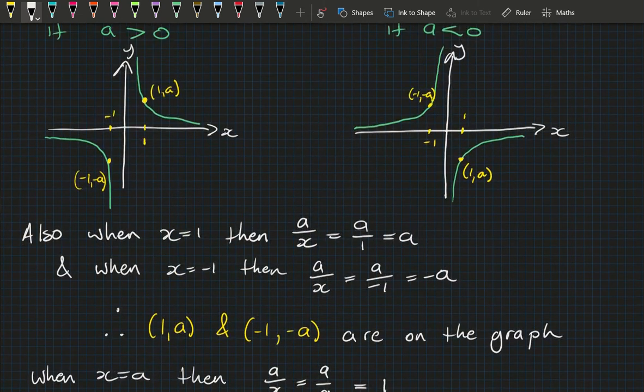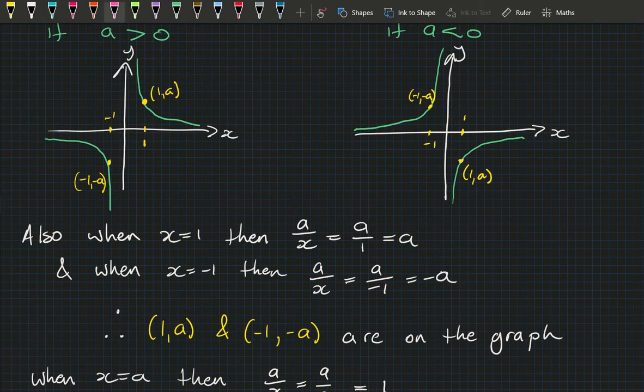So if we go back up to the graph, I can mark those both in here. So in the first one, that's x is a and y is 1, and x is minus a and y is minus 1. And for the negative one, a will be in the negative direction, and there'll be a point (a, 1) there, and minus a is in the positive direction, and obviously that's paired with minus 1.